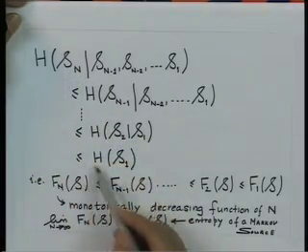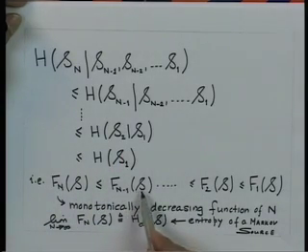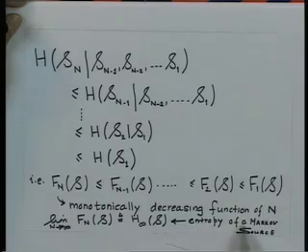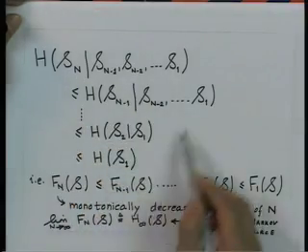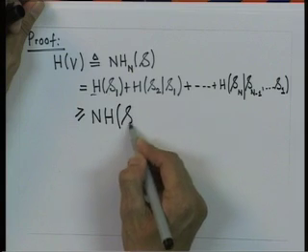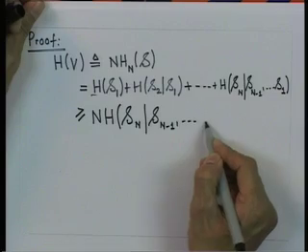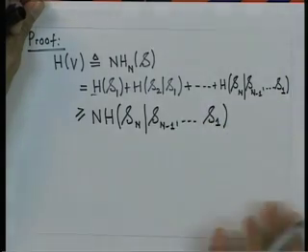So, based on this relationship which we had derived last time, which is equivalent to FnS less than or equal to Fn minus 1 S, which we had proved is a monotonically decreasing function of n, and the limit of this is equal to H infinity S, defined as the entropy of a Markov source, I can write that this expression is greater than or equal to n times H of Sn given Sn minus 1 up to S1.